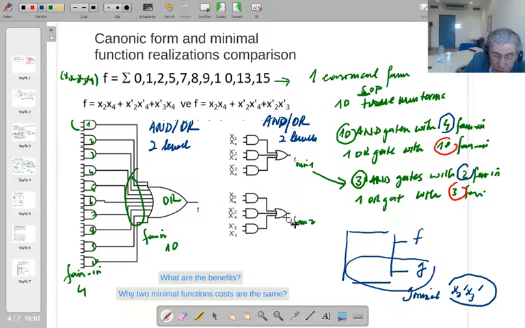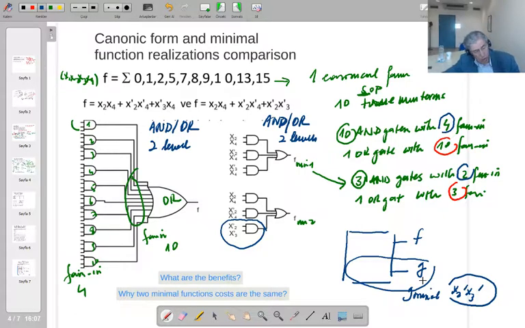Why is that? Because if you choose this minimal function, you're going to have this gate in this minimal function, also in this G minimal function. So that means you can share this AND gate for the design of F and at the same time for the G as well.